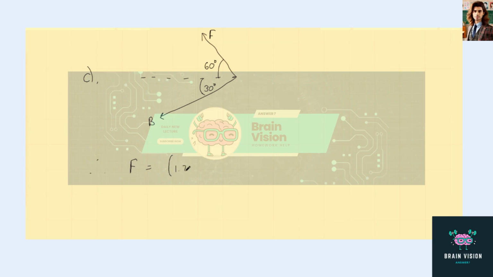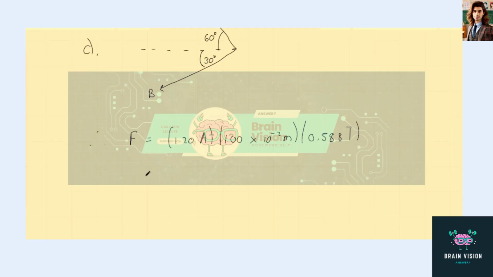So again, it's 1.2 amperes times the same length, 1 times 10 to the minus 2 meters, and again, the magnetic field strength is 0.588 Teslas times the sine of 90, which is 1. So we get the same force as parts A and B, which is 7.06 times 10 to the minus 3 newtons.